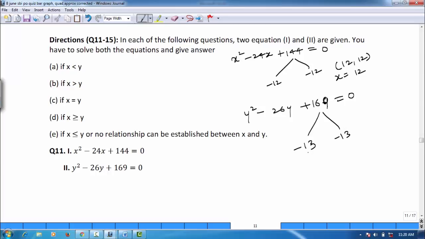So on multiplying minus 13 and minus 13, we will get 169, and on adding them both, we will get minus 26. So on changing the signs, we get the value of required roots, that is 13 and 13. So y will be equal to 13. So the value of y is greater than x. So x is less than y.